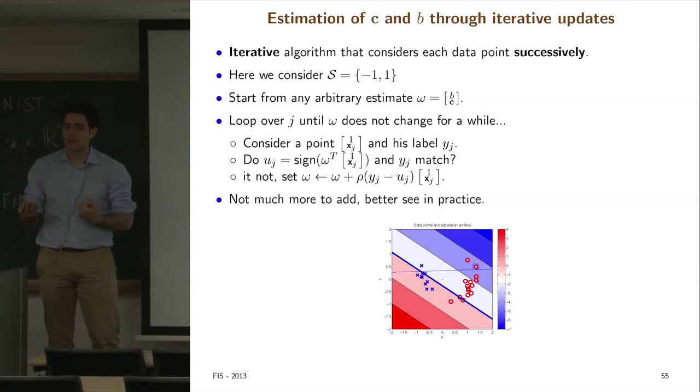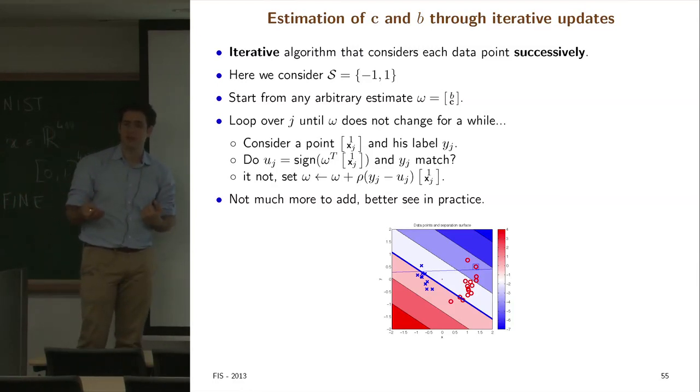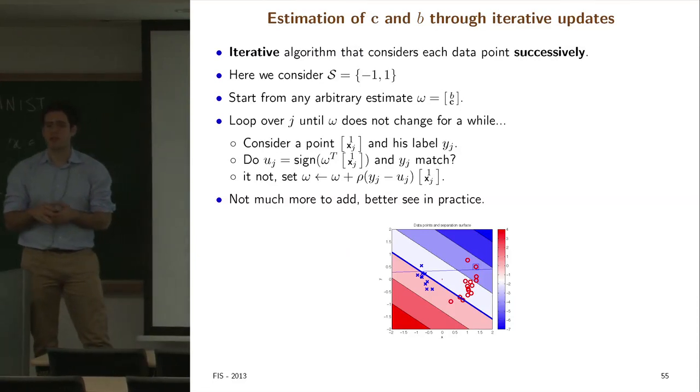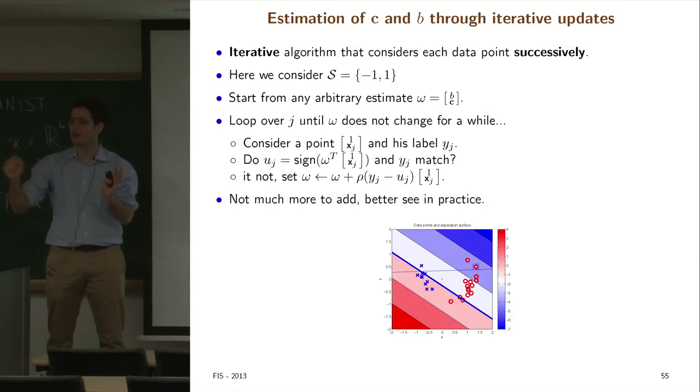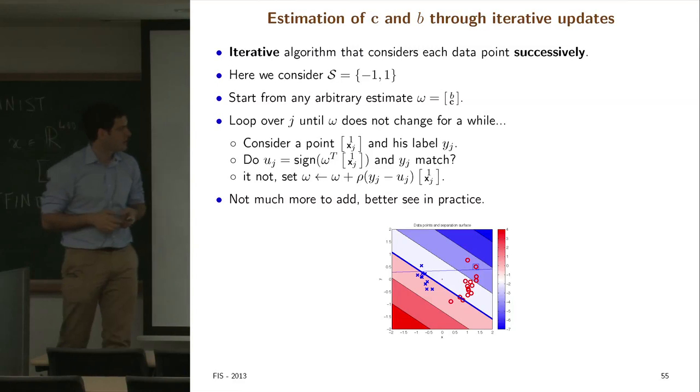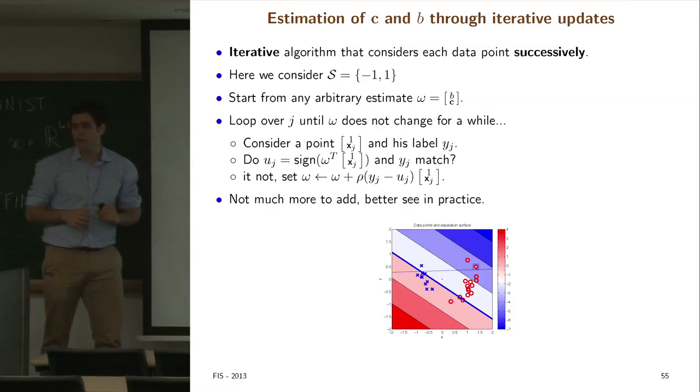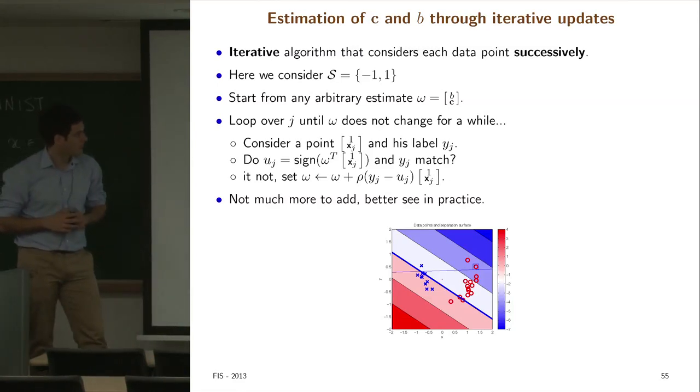There are other methods which are called iterative, which are different in nature because they don't look at the whole of the data, but they just look at one point in your data set after the other, usually in a random order. So this is the case of the perceptron rule. This is why people call this an iterative algorithm.